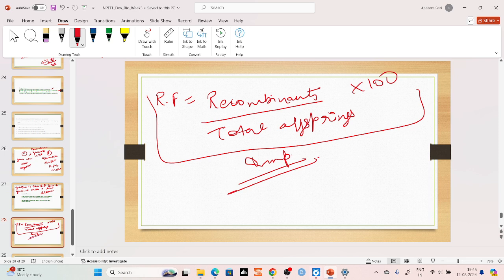This is how your recombination frequency is calculated. You can note down this formula, because it's just a general formula, like selected by total into 100. That is how we calculate frequency in general for anything, right?